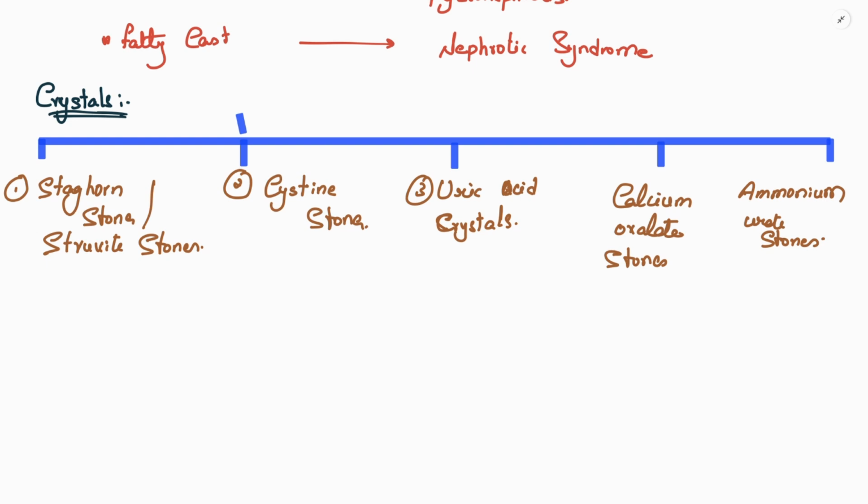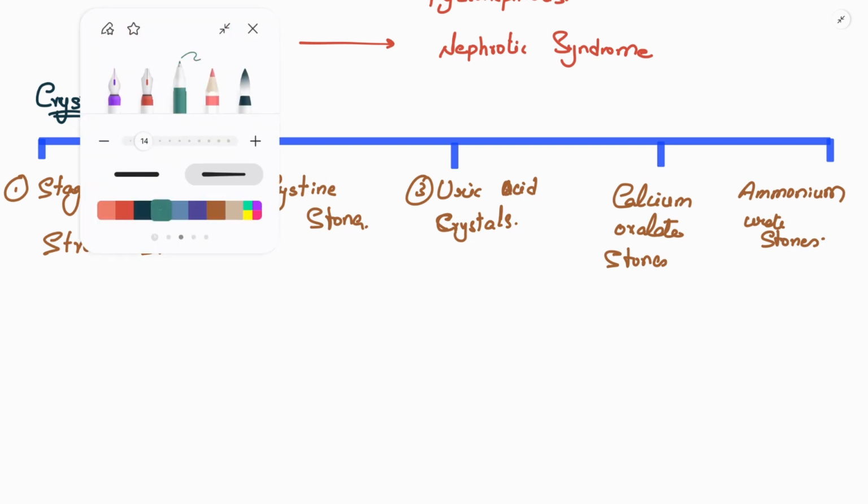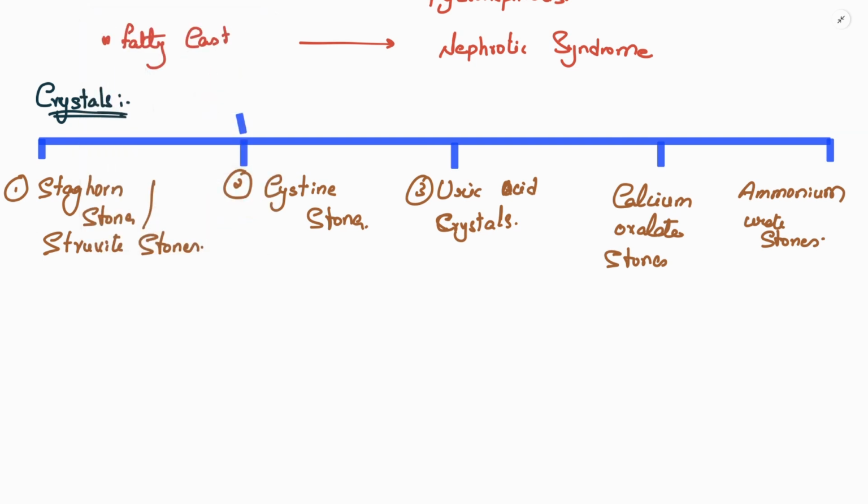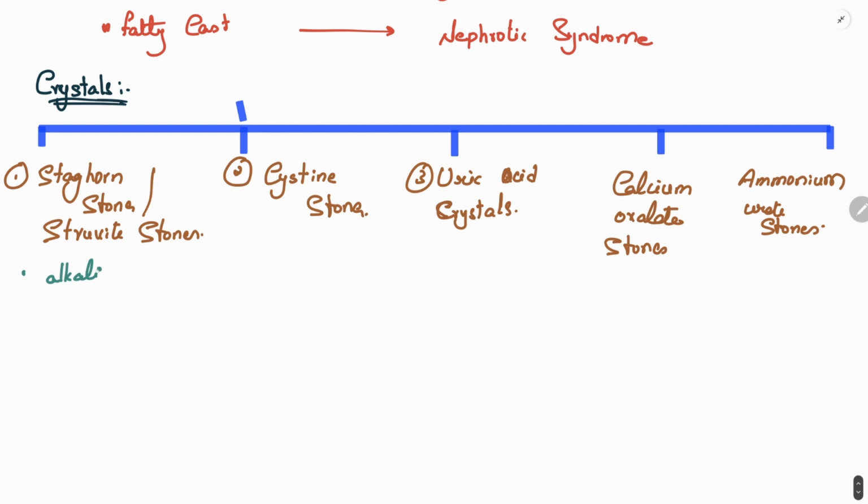Staghorn stones are mostly present in alkaline urine. All the remaining ones are present in acidic urine.